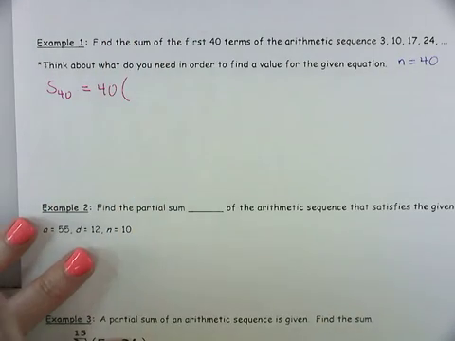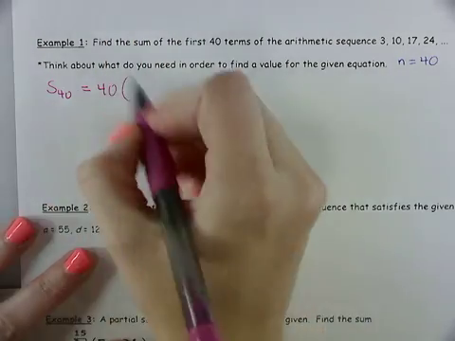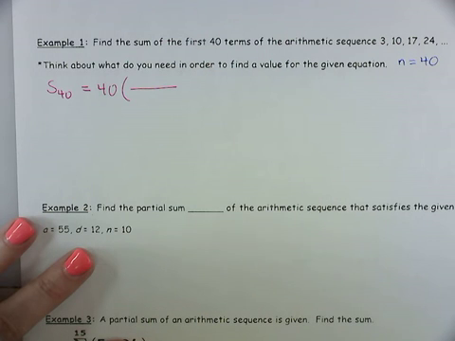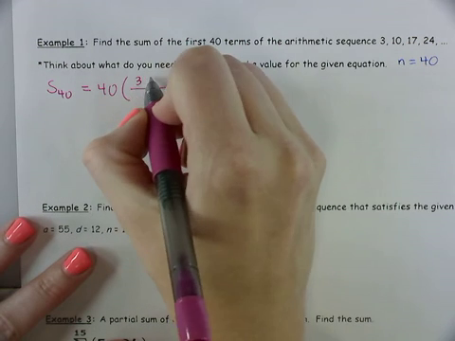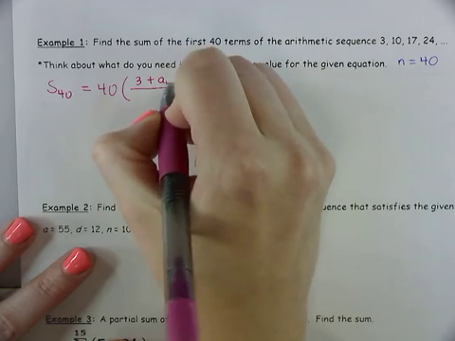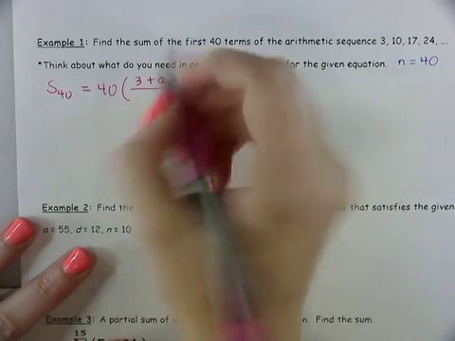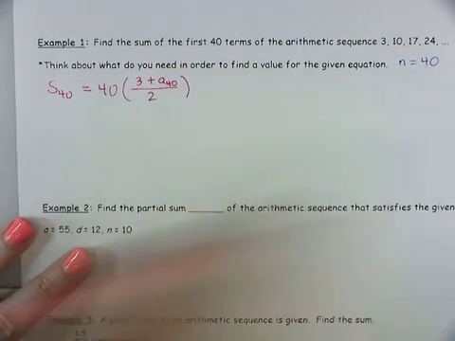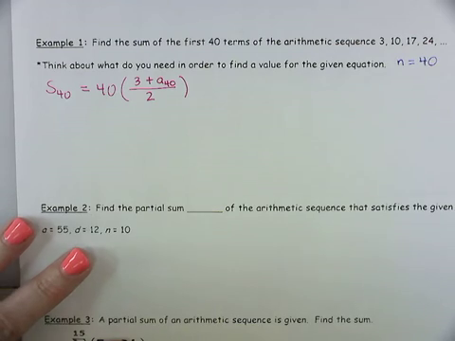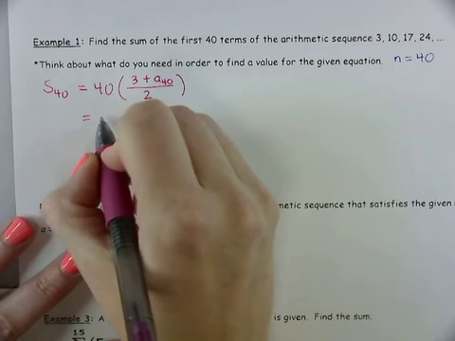And then, Hugh, what's my a sub 1 term? What's your a sub 1? Yeah, 3, right? So 3 plus, and then a sub n would be a sub 40, and then divided by 2. Okay, so then we can do 40.